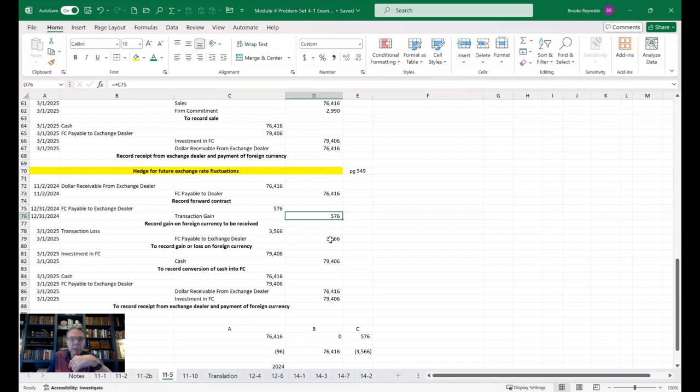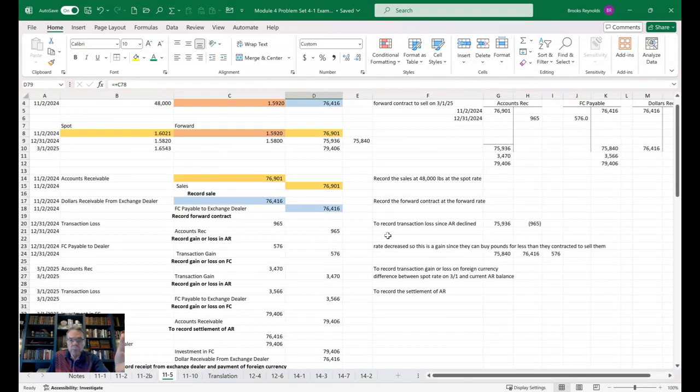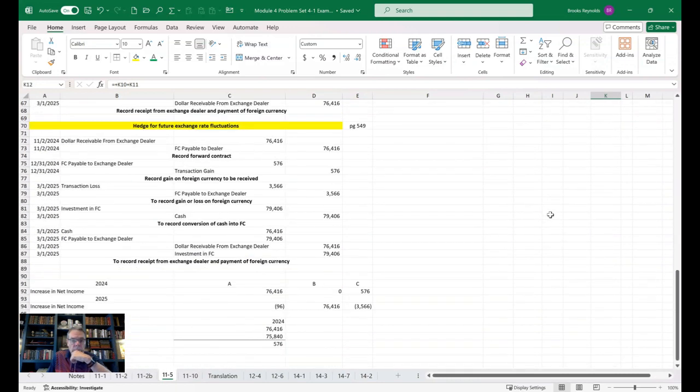So the 48,000 pounds exchange rate has gone up. So we have to increase that 35.66, just like we did in the previous examples. All right, and so that brings the balance back to 79,406. All right, so the investment in FC is back to 79,406.